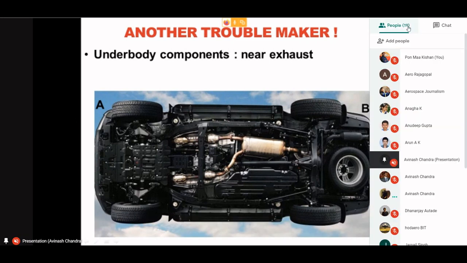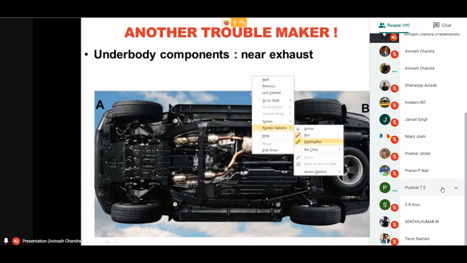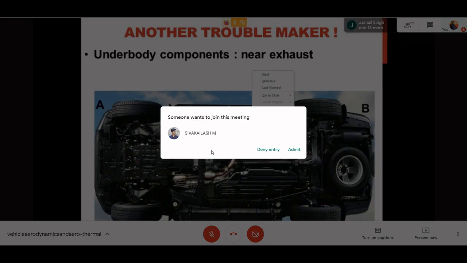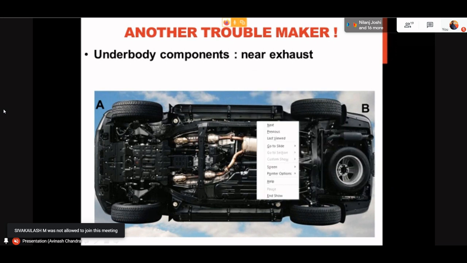If some particular component has more exposure to heat, and the temperature is going very high, we will try to provide a heat shield which protects it, or we will try to change the material, and the worst case scenario is changing the location of the part.